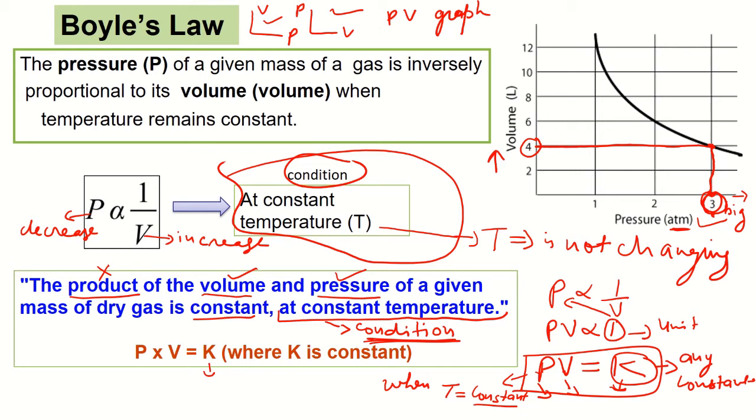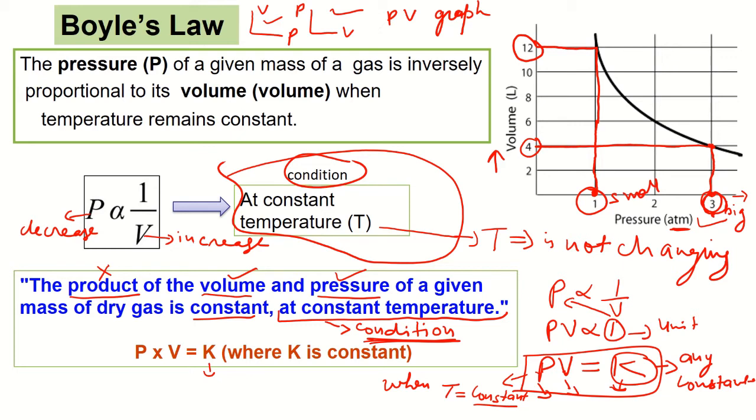Now this is a big value we have taken. Now if I take a small value, because this is 1, 2, 3, 1 is smaller compared to 2 and 3. So this is 1 atmosphere pressure. At 1 atmosphere pressure, what is the value of the volume of the gas? From this value you go up, and where your line cuts the graph you stop, then you move to the volume line, and the volume is coming 12 liter.